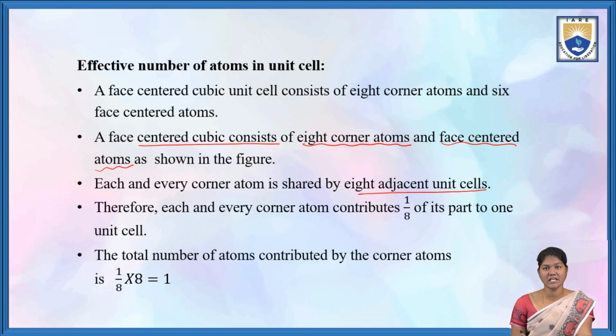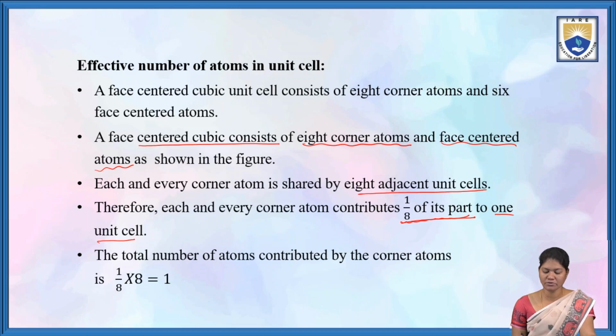So each and every corner atom contributes 1/8 of its part to one unit cell.